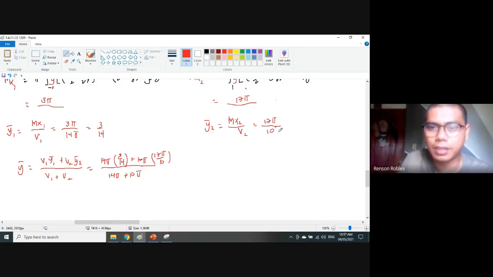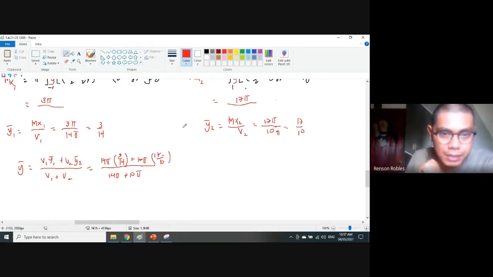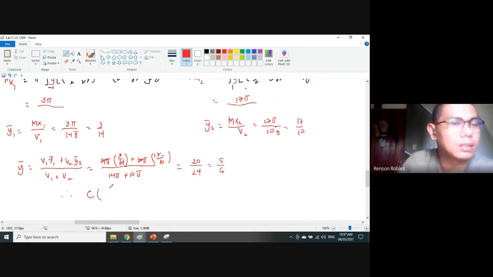Tama, may pi dyan. Nalimutan ko lang kuhanin yung y2. So you can drop that off. 3 plus 17 is 20, so that's 20 all over 14 plus 10, 24. Divide by 2, 10, divide by 4, it's 5 over 6. Therefore, the centroid can be found at bar x is 0, and bar y is 5 over 6.